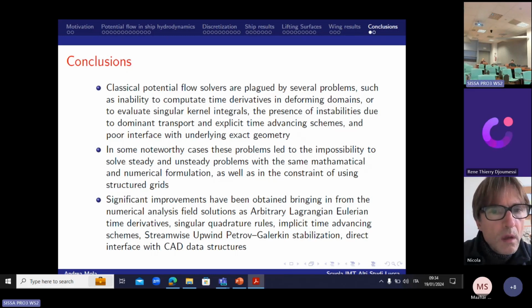And some recipes borrowed from numerical analysis have been fixing most of these problems. And so we had significant improvements, especially in the robustness and in the accuracy of the results.